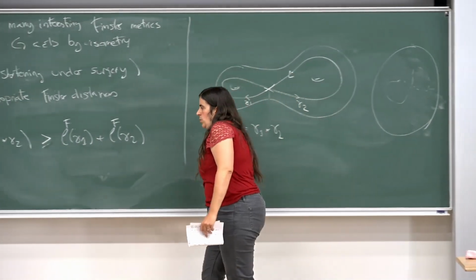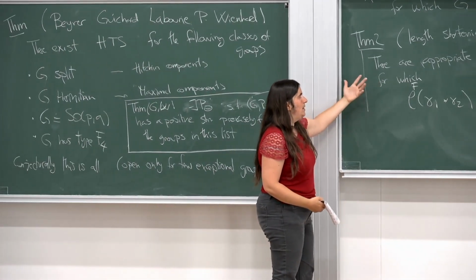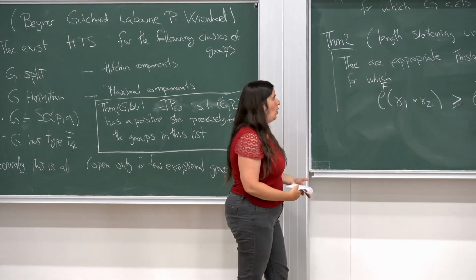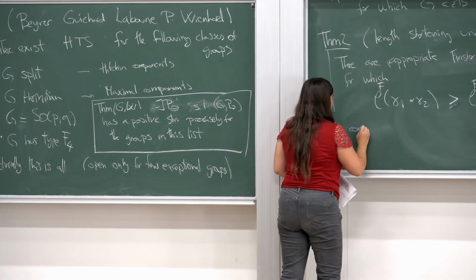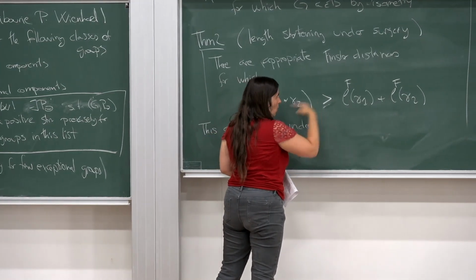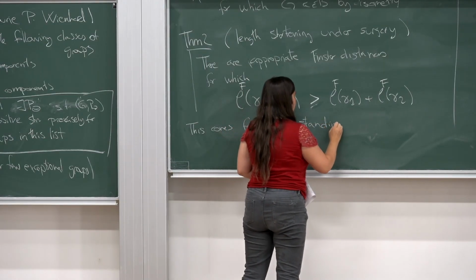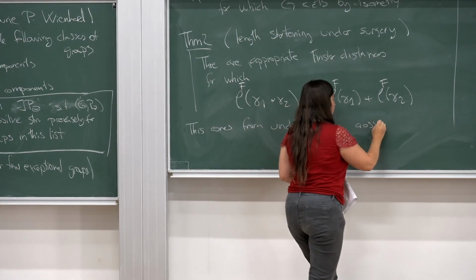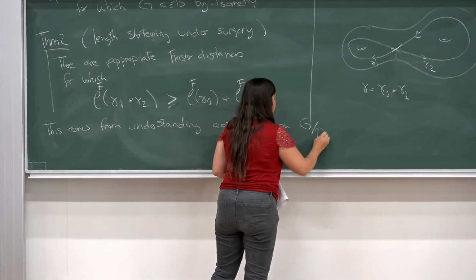And maybe just one word to finish: this is again a weakening of the statement that we actually need to prove closeness, and this comes from understanding both of these facts, coming from understanding cross ratios on G mod P theta.